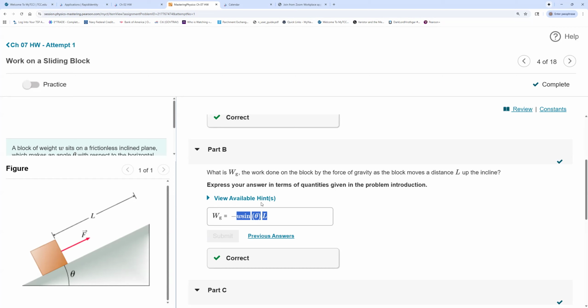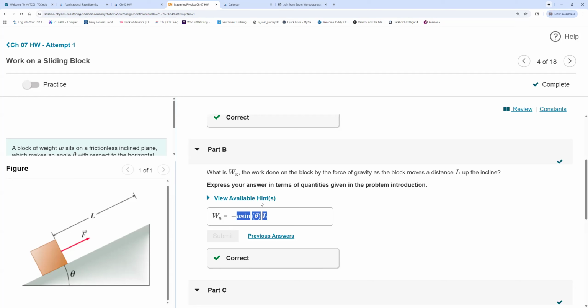So when they ask for the work done by the force of gravity, the angle is actually 180 degrees. It should be mg sine theta for the component parallel to the hypotenuse, times L, because that's the displacement, times cosine of 180, and that's a way you can understand the negative.